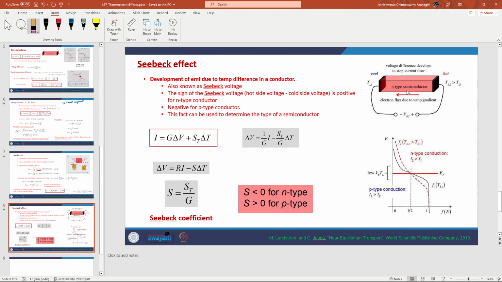So, depending on the conductance, if we ignore the thermoelectric effects and just treat this as a material with a conductance G, then when we apply some kind of voltage across this material, we would expect the current to have a certain value.